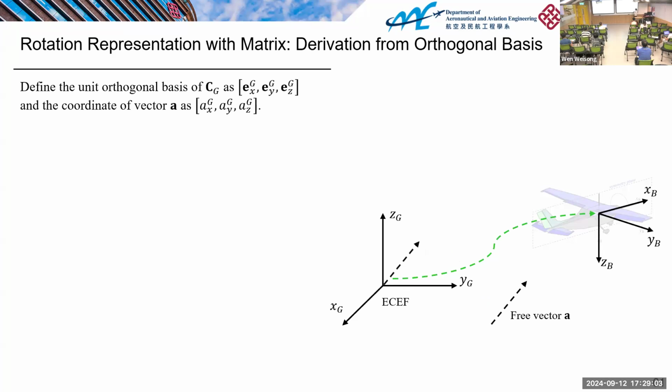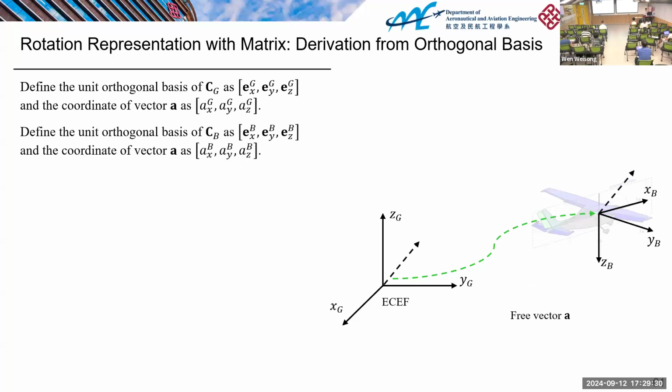For this free vector, if we define the unit orthogonal basis, as we mentioned in the prerequisites, for each of the coordinates we can have the orthogonal basis. For example, for the ECF, you have the orthogonal basis with three vectors: uxg, uyg, and uzg.